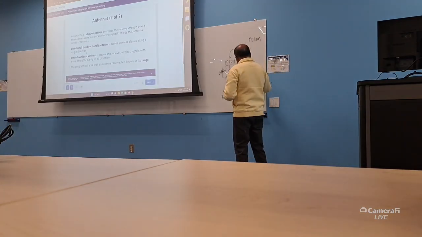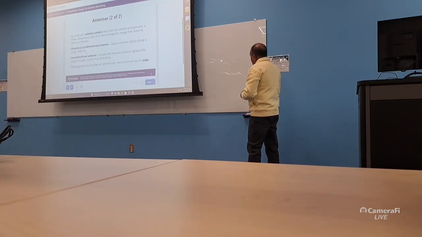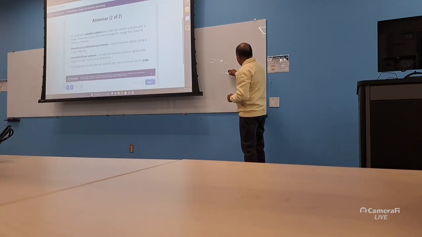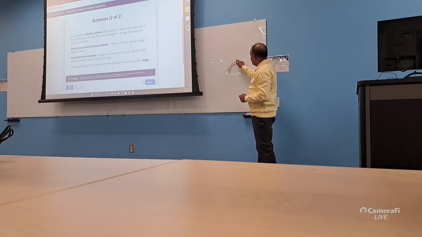So for sending data over a long distance, there is a series of towers. If this is the earth surface, a series of towers are installed on it so that they can send signals to each other and establish communication over long distances.